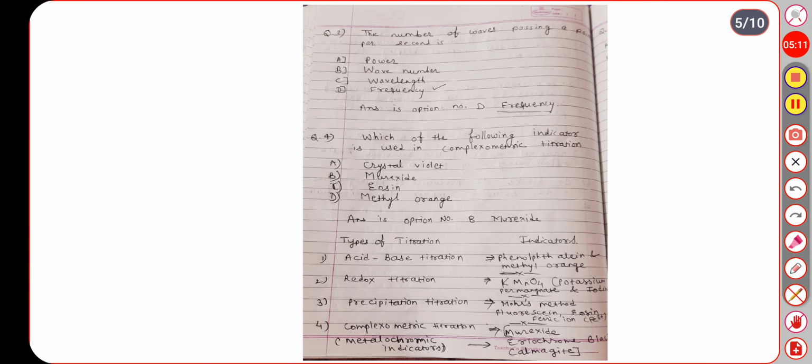Then indicators used in precipitation titrations are Mohr's method, fluorescein, eosin and ferric ion. And in complexometric titration, indicators used are murexide, eriochrome black and calmagite. These are the metallochromic indicators which are used in complexometric titration.